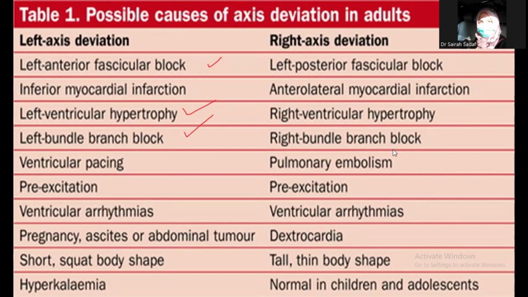On the right axis deviation side, you can get right ventricular hypertrophy, left posterior fascicular block, right bundle branch block, different arrhythmias, and pulmonary embolism. These are the other ones on the list, but the most common, or you can say the more important ones, I have already marked. So by knowing the axis of the heart, you can identify the different pathologies going on inside the heart related to the conduction defect.